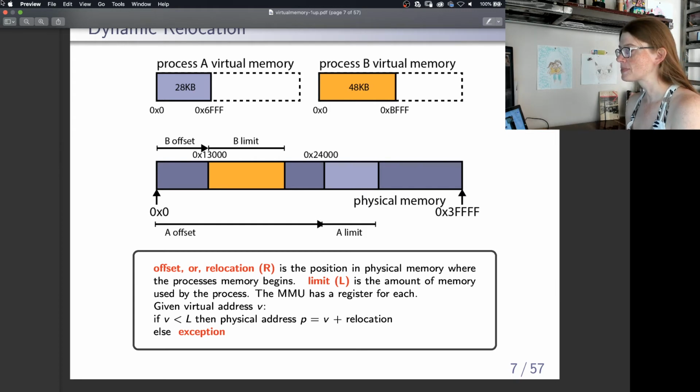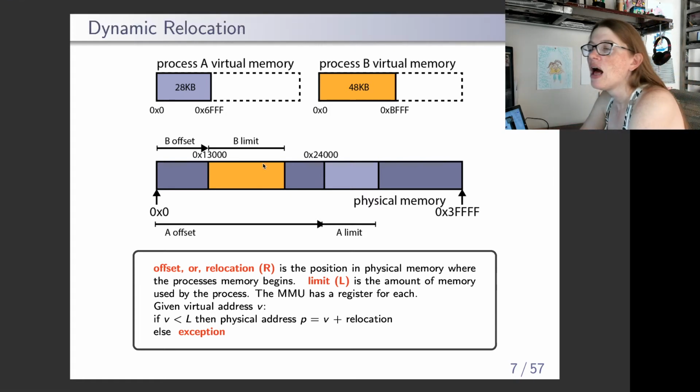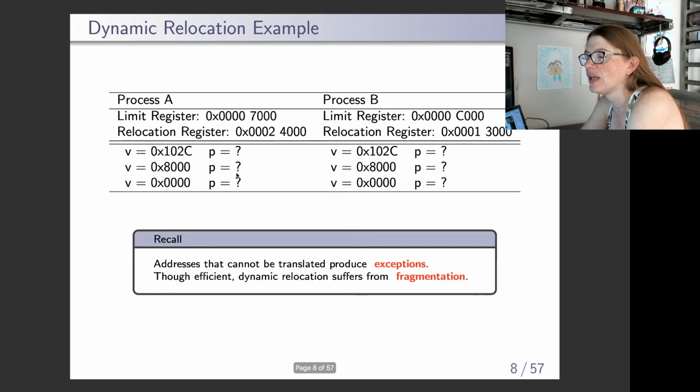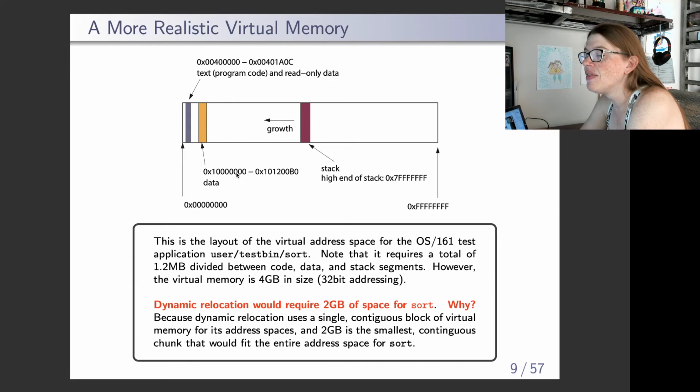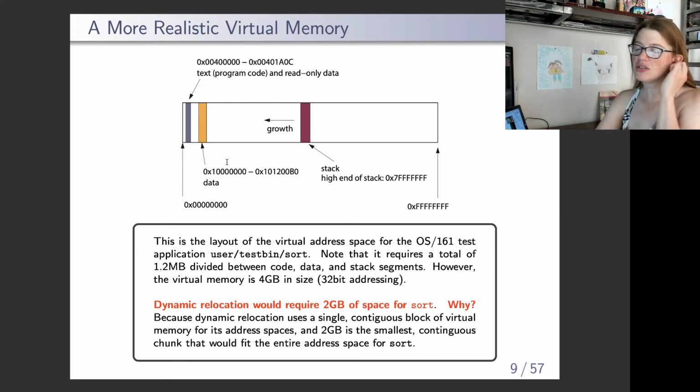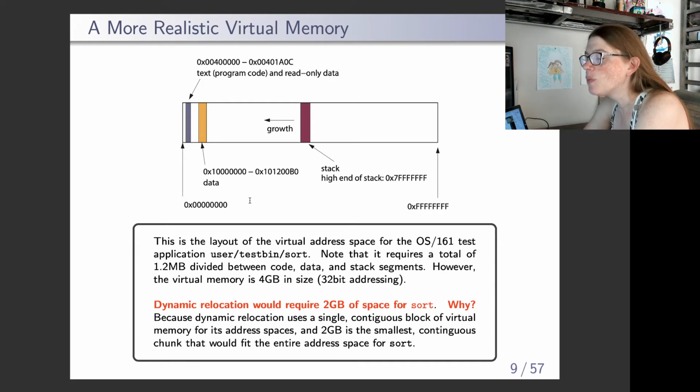Okay. So why do we need to have an entire six lectures, six episodes dedicated to this topic? Because as easy as dynamic relocation is, it's also really bad. We'll come back to doing some sample problems in a minute. The reason why this is so bad is because address spaces don't look like that.